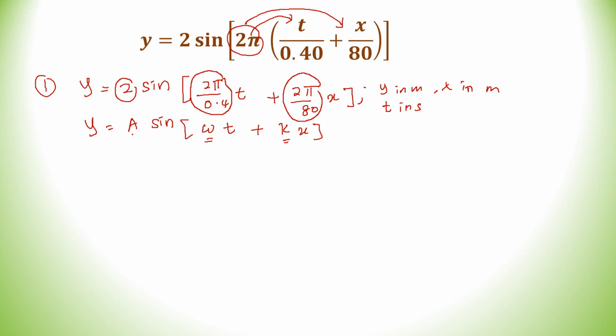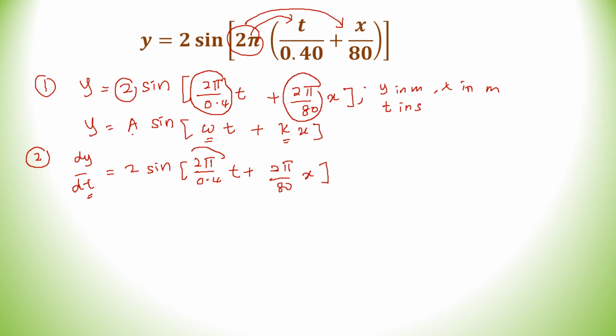Okay, we go to our question. We want to differentiate equation dy dt. We differentiate respective to t. So dy dt, copy equation first. 2 sine 2 pi over 0.4 t plus 2 pi over 80 x. So we differentiate respective to t. So find your t.